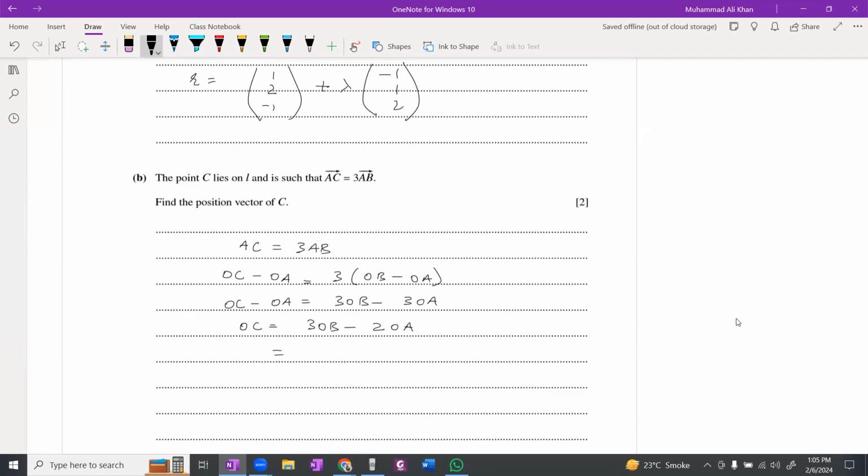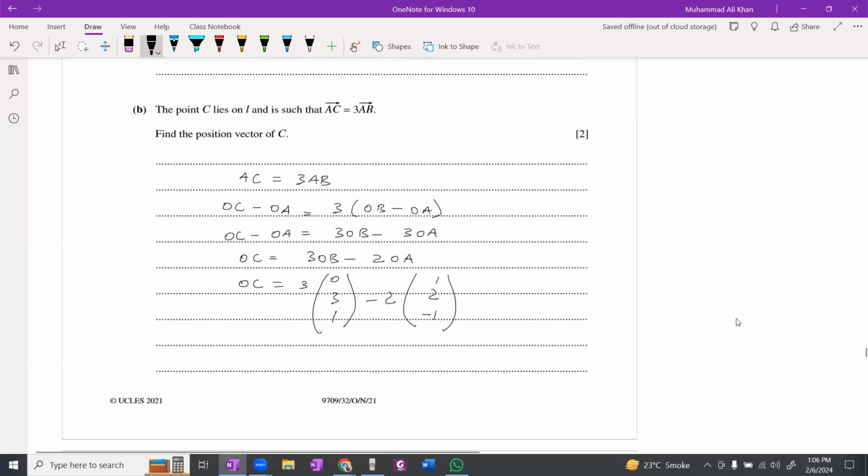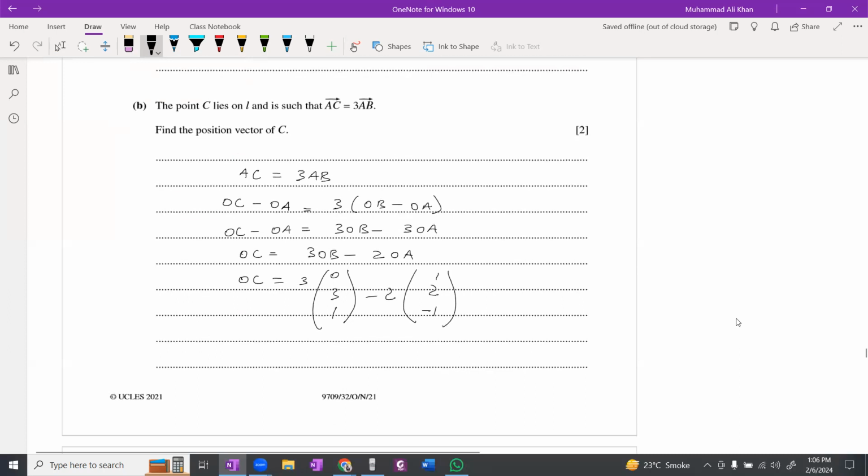Now just substitute OB here, which is 0, 3, 1, minus 2 OA. What is OA? It is 1, 2, minus 1, and calculate OC. So therefore, what is OC?